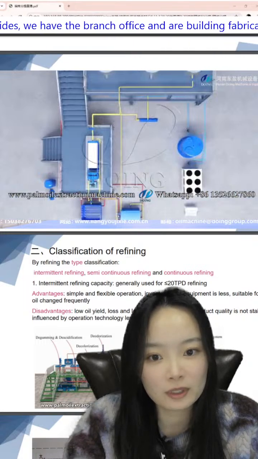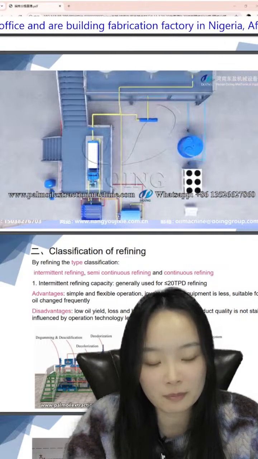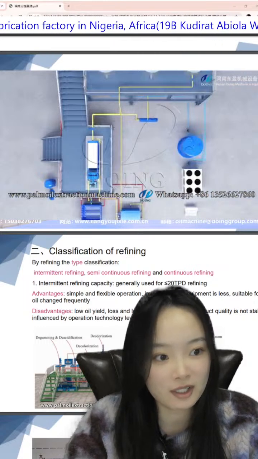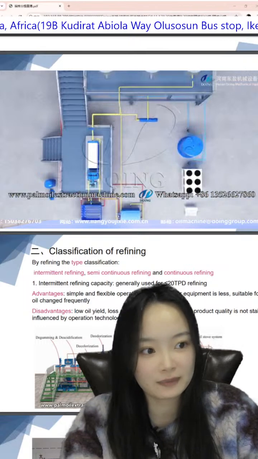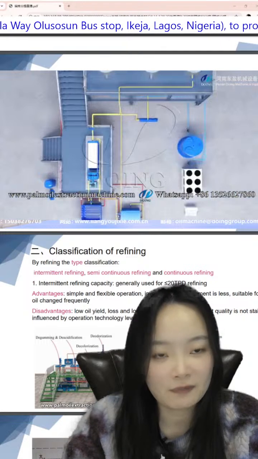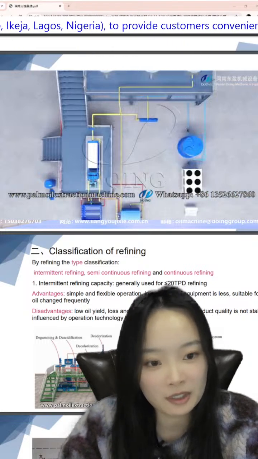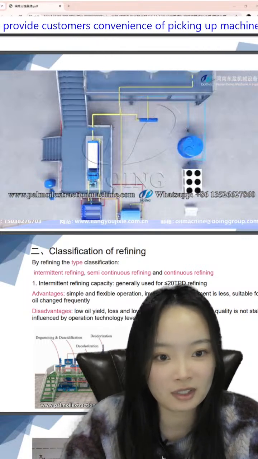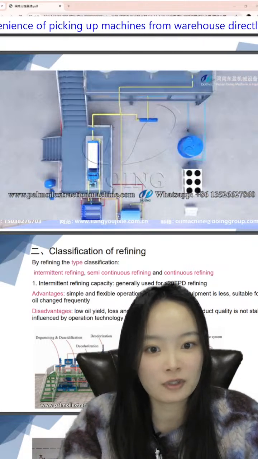It has more advantages, such as simple and flexible operation. Investment for equipment is less, and it is suitable for a variety of oil changed frequently. This means that if you have the sunflower seed oil and the germ corn oil or soybean oil, you can use the same equipment to process it.